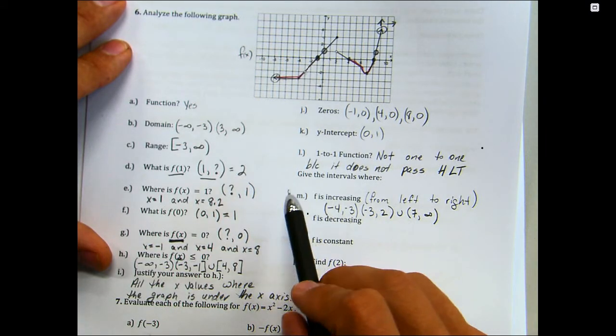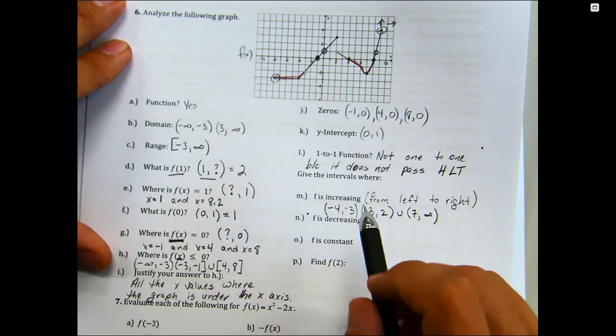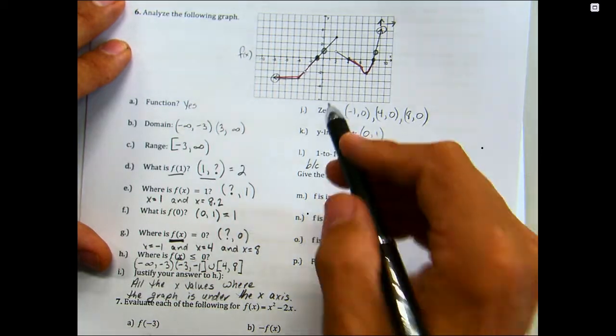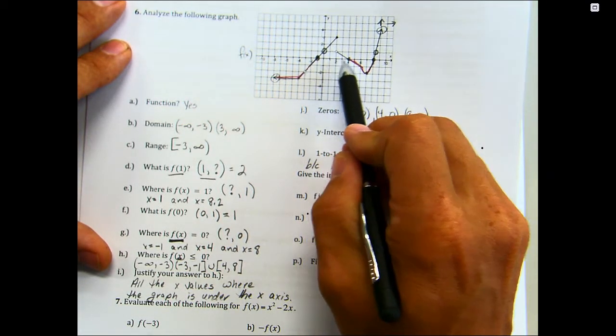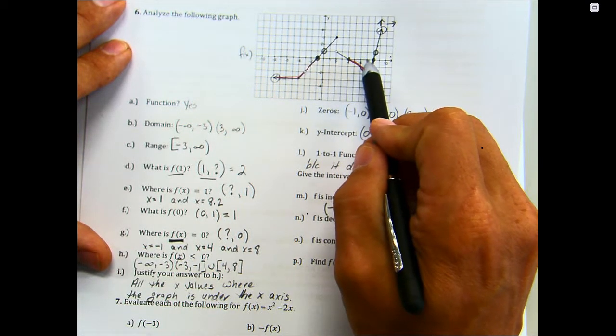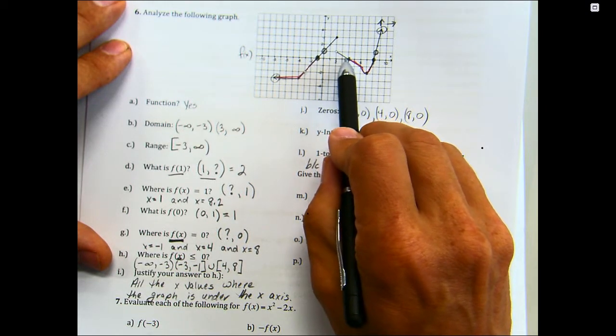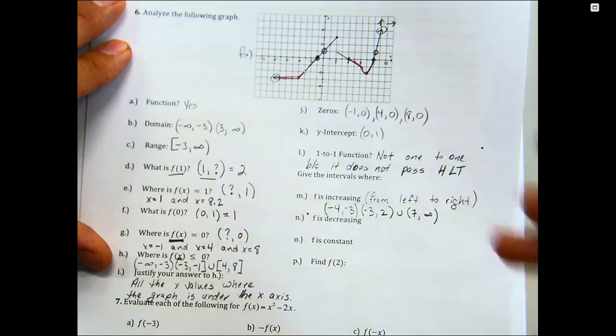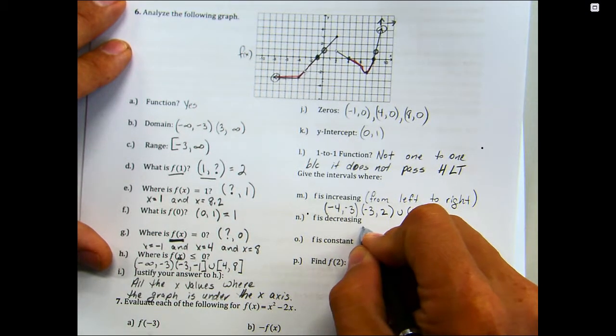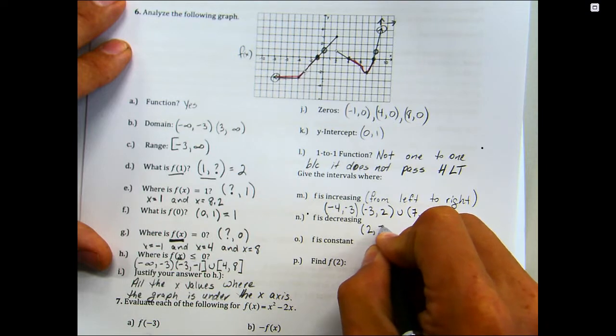Well, I look at all the places where the graph is going down from left to right, and it looks like this is my winner here. In between 2 and 7, I could run my pencil along the graph, and it'd always be going down from left to right. So that's my interval. So from 2 until 7.